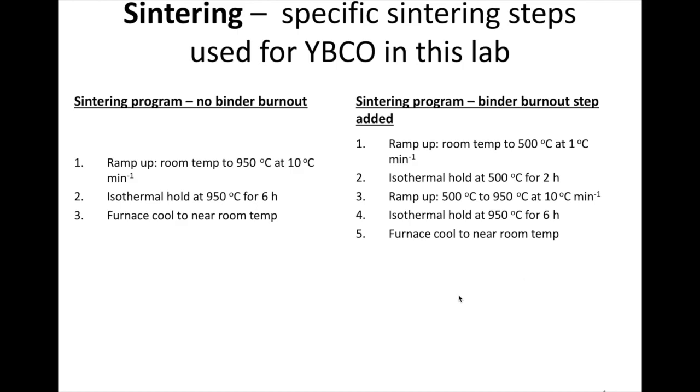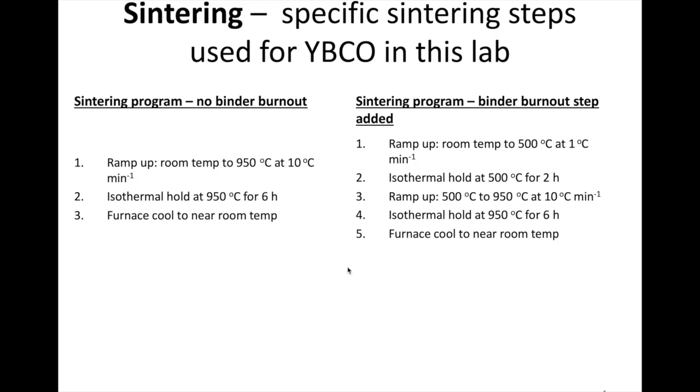So that's the other variable we have. For each of the additions of binder, we're going to fire or sinter them with two conditions. One, a standard program that we have, and then one where we've added a protocol for binder burnout.